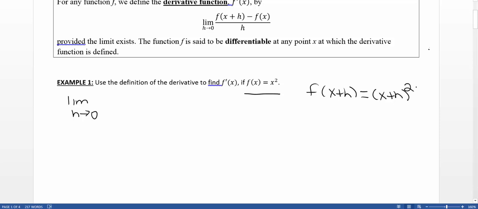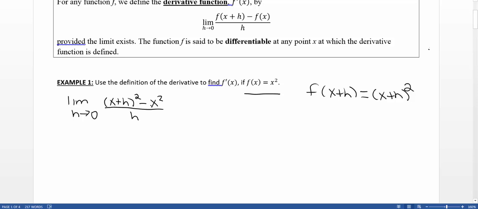And our function was x squared, so that means f of x plus h is x plus h squared. Now here, we plug that in, we have x plus h squared minus f of x, so our f of x was x squared, all divided by h.